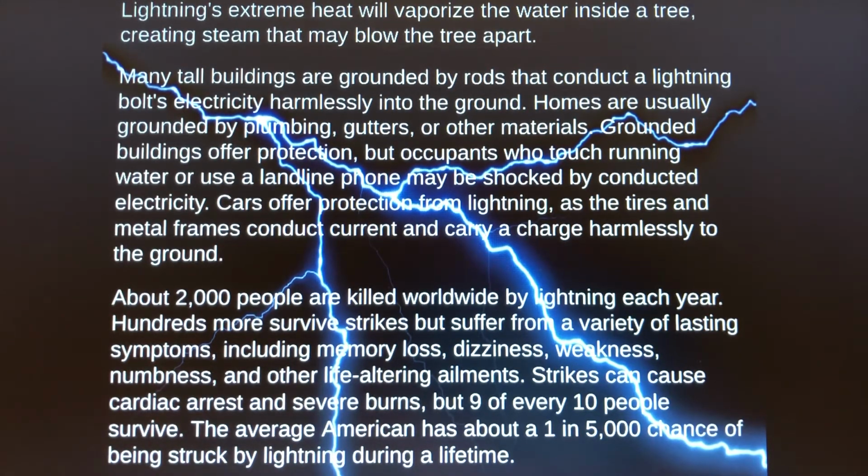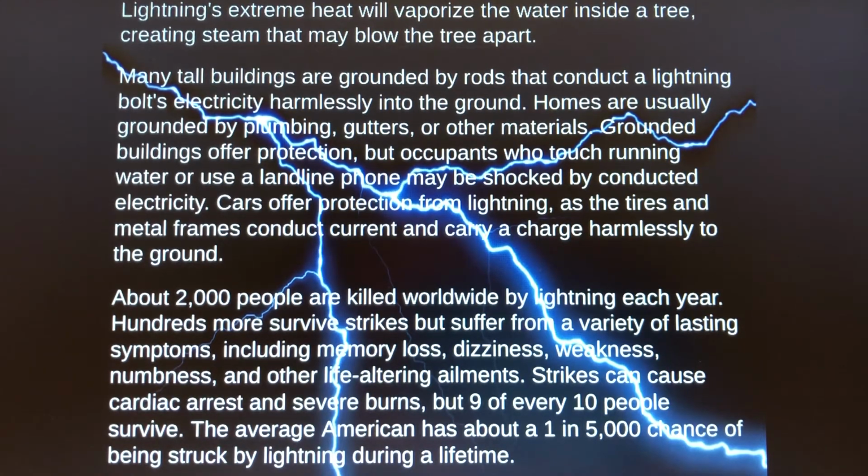Homes are usually grounded by plumbing, gutters, and other materials. So most buildings that you're in, sturdy buildings, they offer you protection. But you can't touch running water, use a landline phone, or any other corded electrical objects. You can get in your car, absolutely.